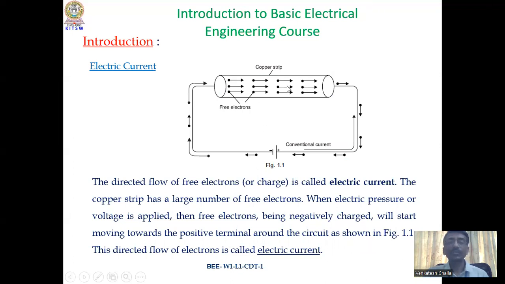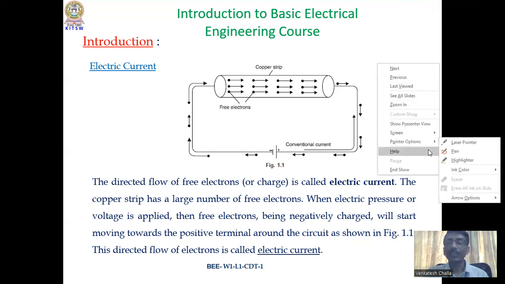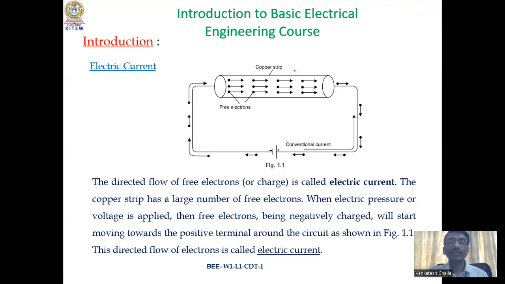Now, for example, if we have a conducting material, for example a copper strip, and this copper wire or strip is connected to a battery of suitable voltage, this external voltage connected to the conducting material acts as a force and drives the charges through it.